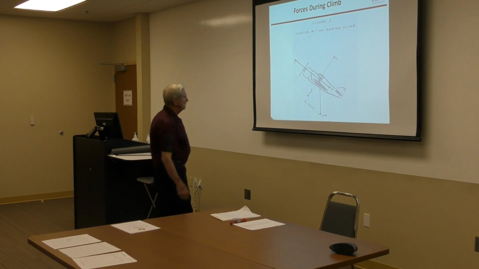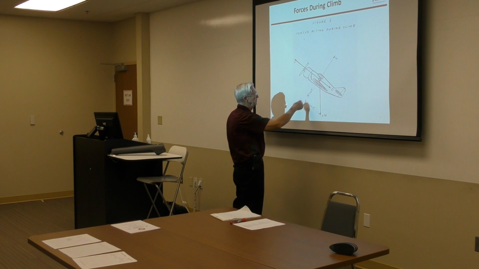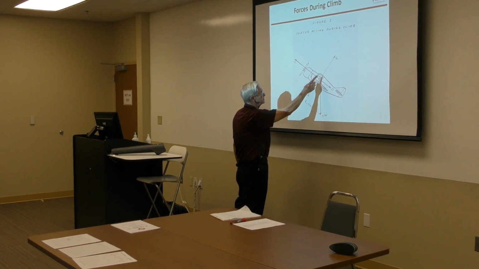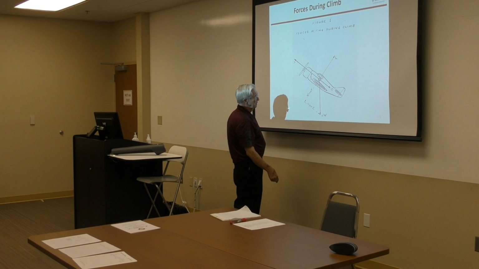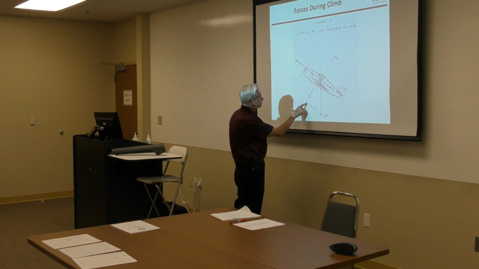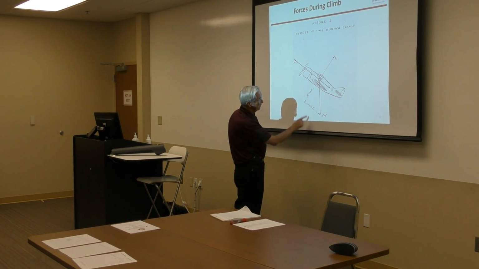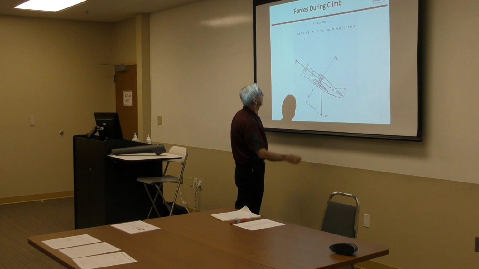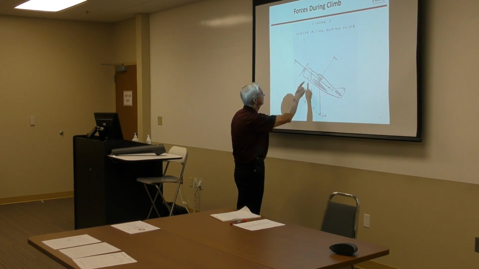But if we look at that, we find that the lift is opposed by weight times the cosine of this flight path angle, okay? And of course, then we have this component that goes back here, which we add on to the drag of the airplane in order to get this.